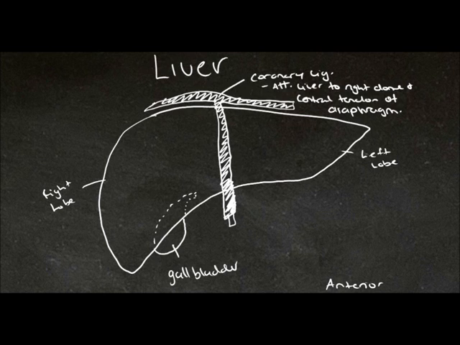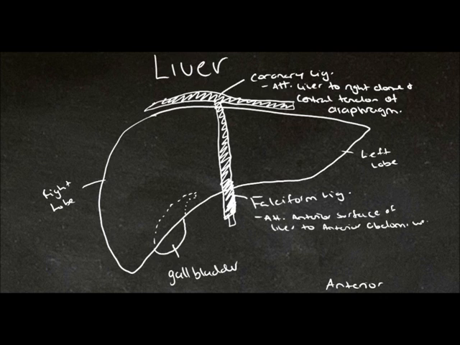Coming down the center here, we have the falciform ligament. And this attaches the anterior surface of the liver to the anterior abdominal wall down to the level of the umbilicus.